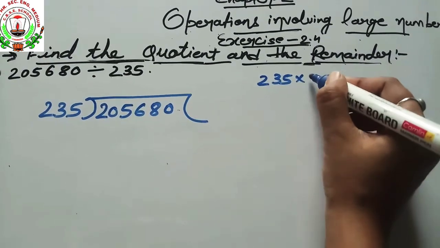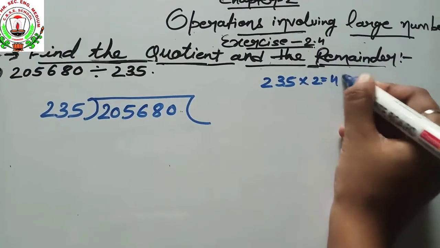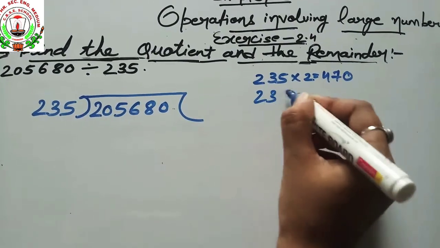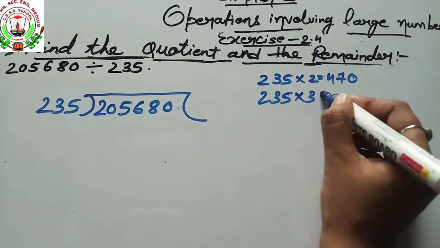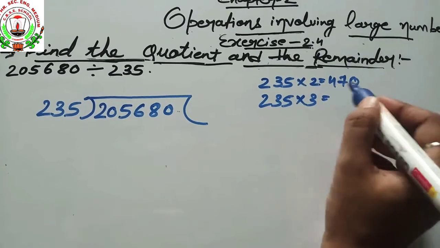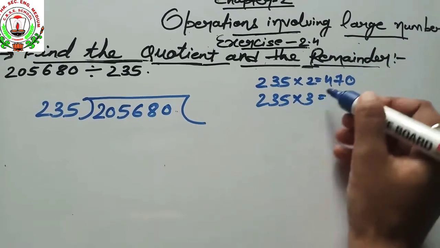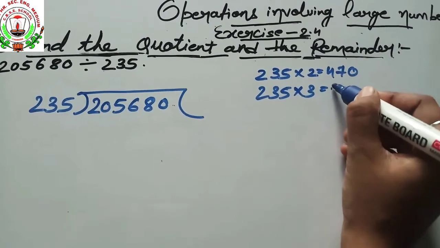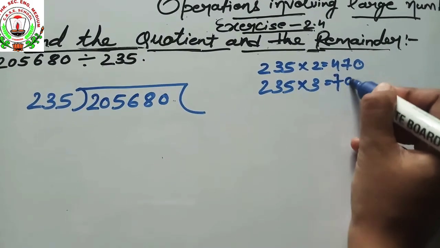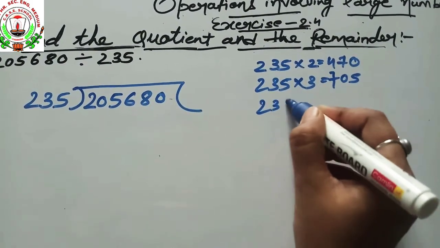Before this we have to write the table of 235. 235 multiplied by 2 is 470. Multiplied by 3 is 705.